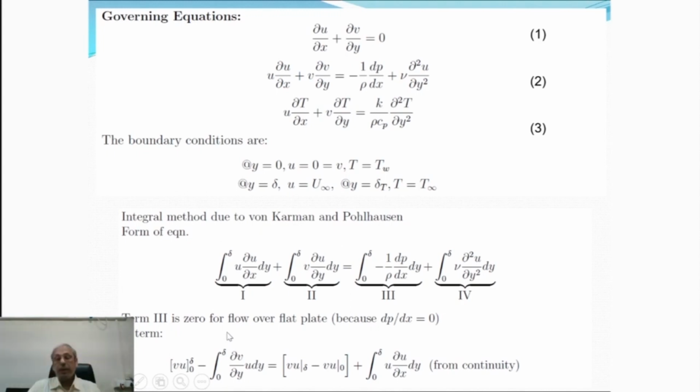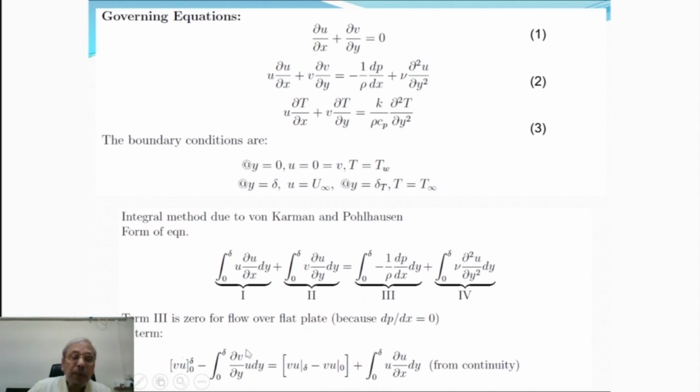So from here we can write u into v at delta, the upper limit, minus u into v at 0, plus, this is 0 to delta.